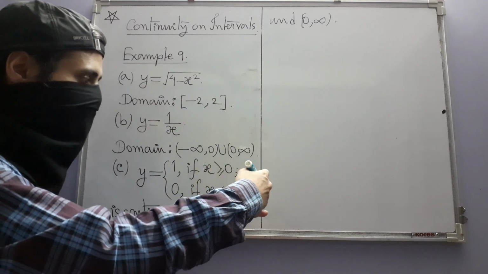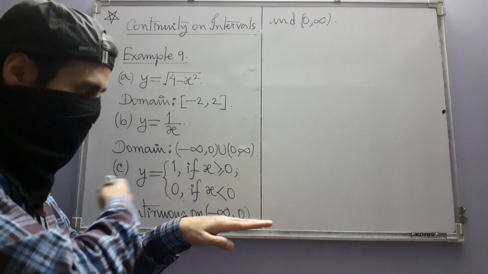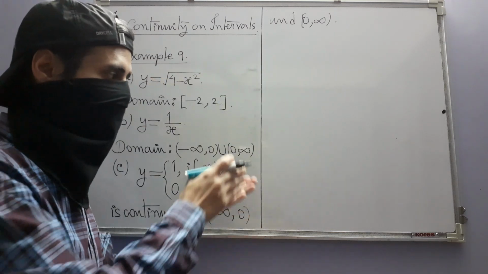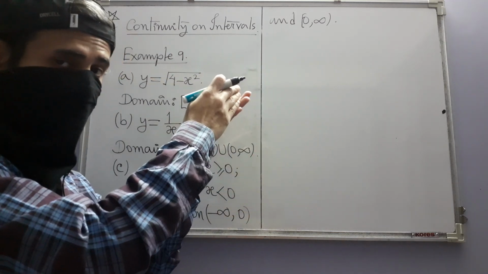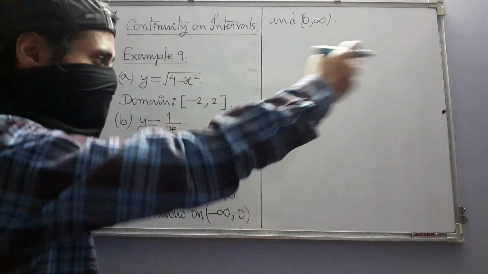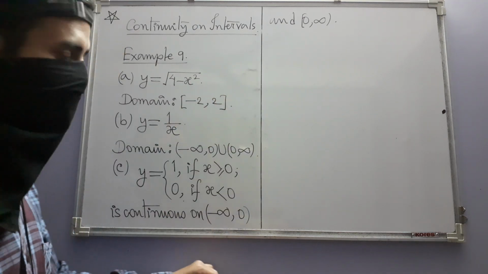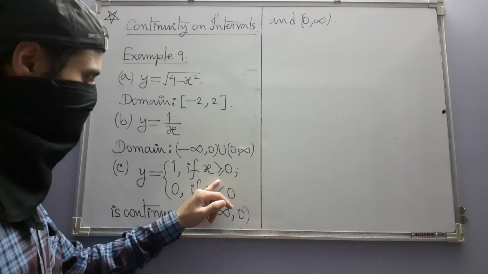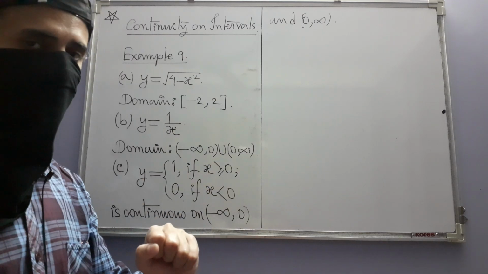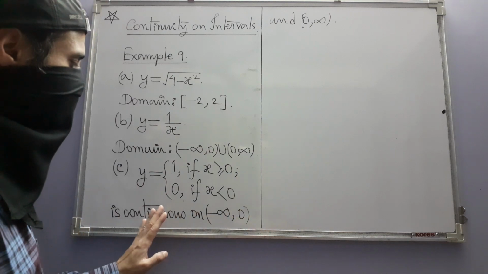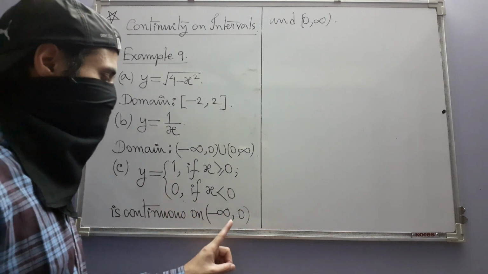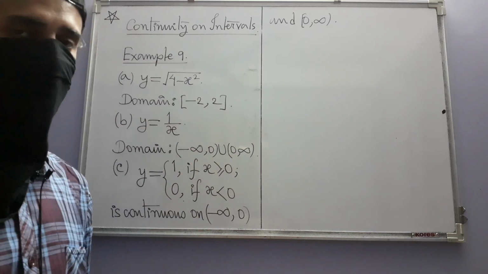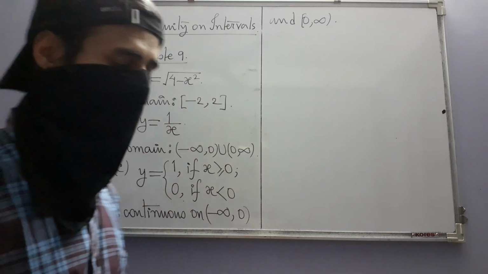Its graph is the x-axis on the left side of 0 and is the line which is 1 unit above the x-axis on the right side of the point 0. We know that it is not continuous at x equal to 0. It is, however, right continuous at x equal to 0, but that is a different matter altogether. So 0, in spite of being a point in the domain, is a point of discontinuity. Okay, it can happen.